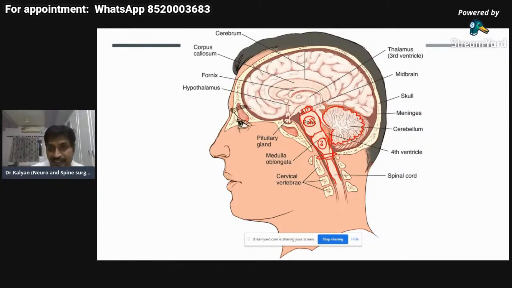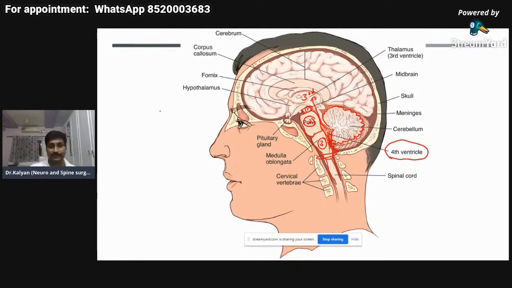So what is the structure present between the brainstem and the cerebellum? That is a fluid filled cavity known as the fourth ventricle. This is the third ventricle. The fourth ventricle is continuous with the third ventricle through the aqueduct of Sylvius. And the fourth ventricle opens into the subarachnoid space through the foramina. This one is the foramina.